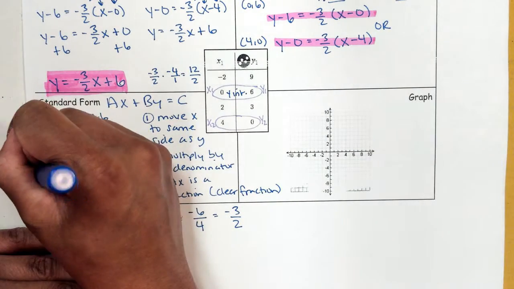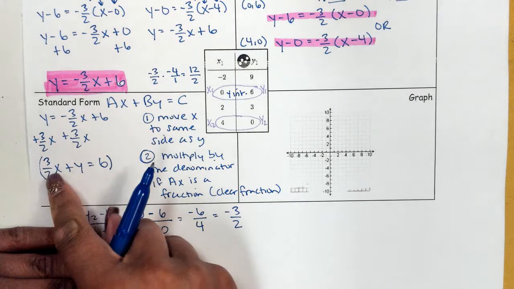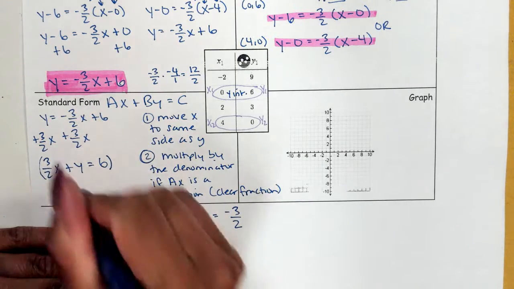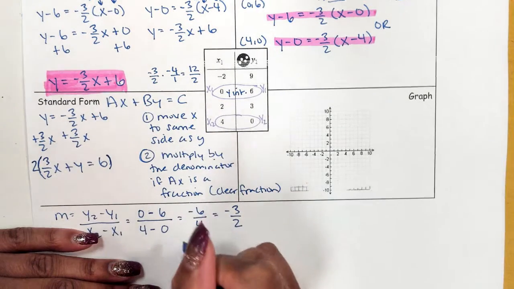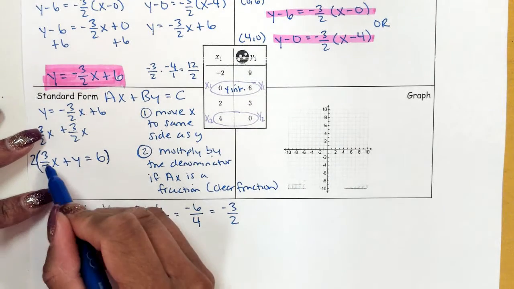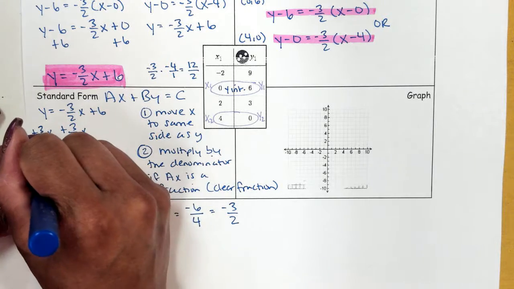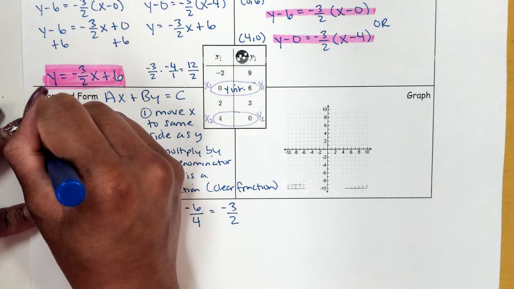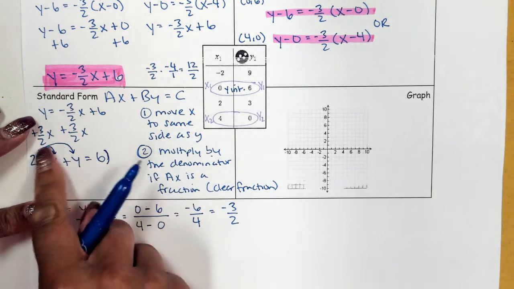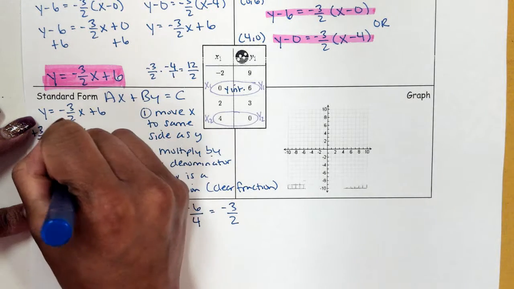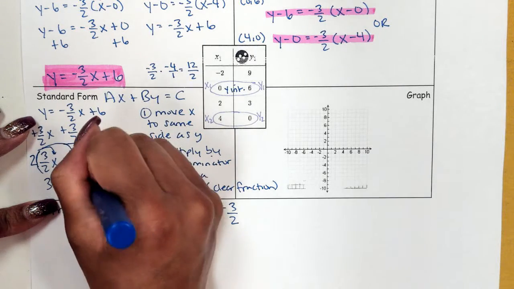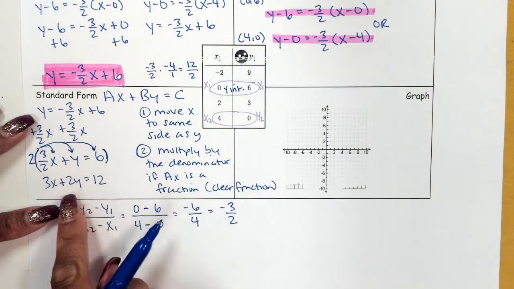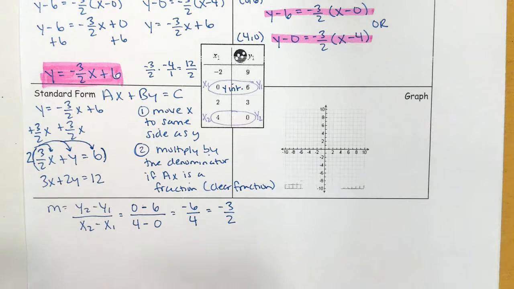So I'm going to take the entire thing and multiply it by its denominator, which is 2. And I'm going to distribute to each term. So 2 over 2 gives me 1, so I'm left with 3x. And then I have 2 times y, which gives me a positive 2y. Then I have 2 times 6, which gives me 12. So I no longer have any negatives, nor do I have fractions. And there's my standard form.